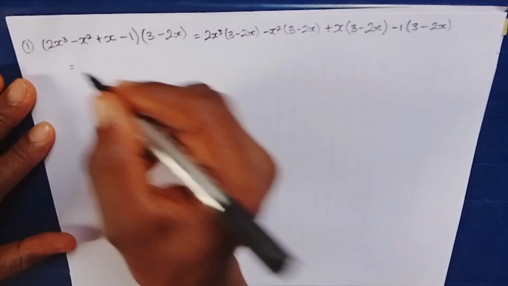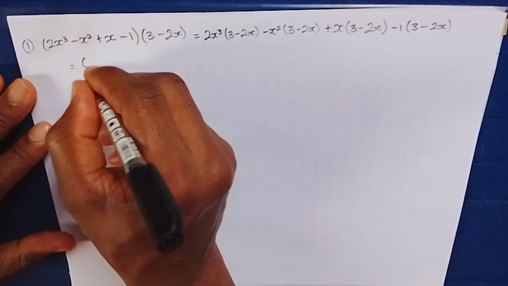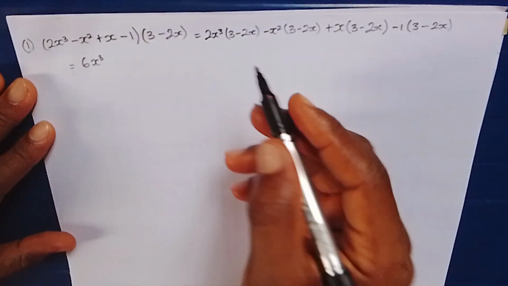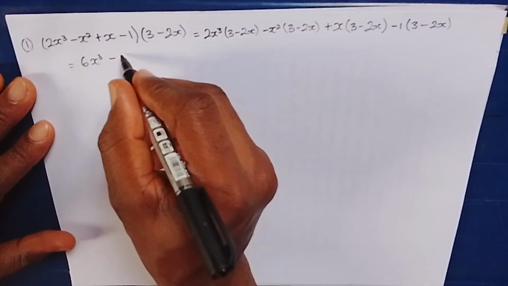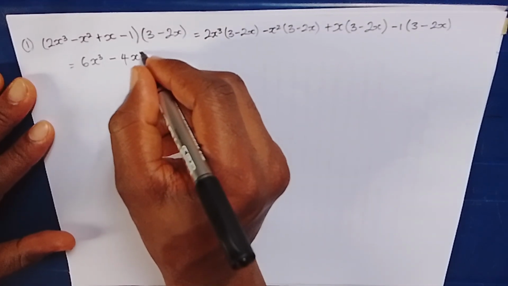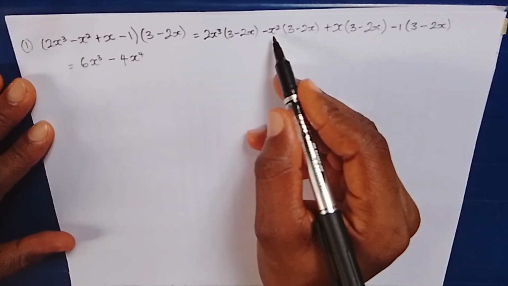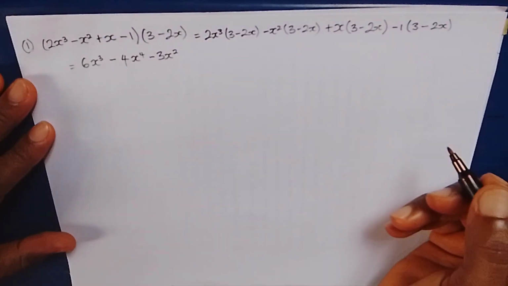So now you expand. 2x cubed times 3, we have 6x cubed. 2x cubed times minus 2x, you have minus 4x to the power of 4. Minus x squared times 3, you have minus 3x squared.